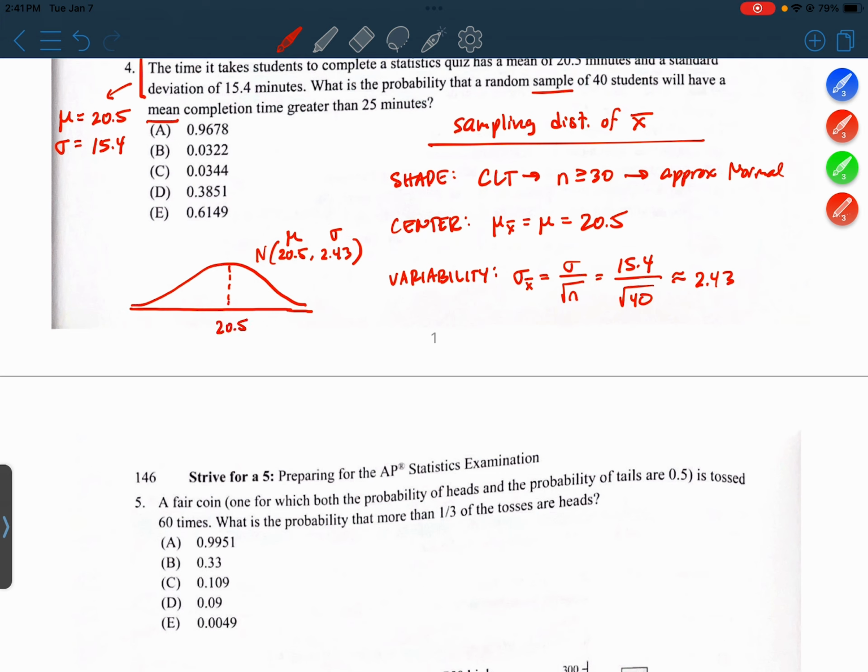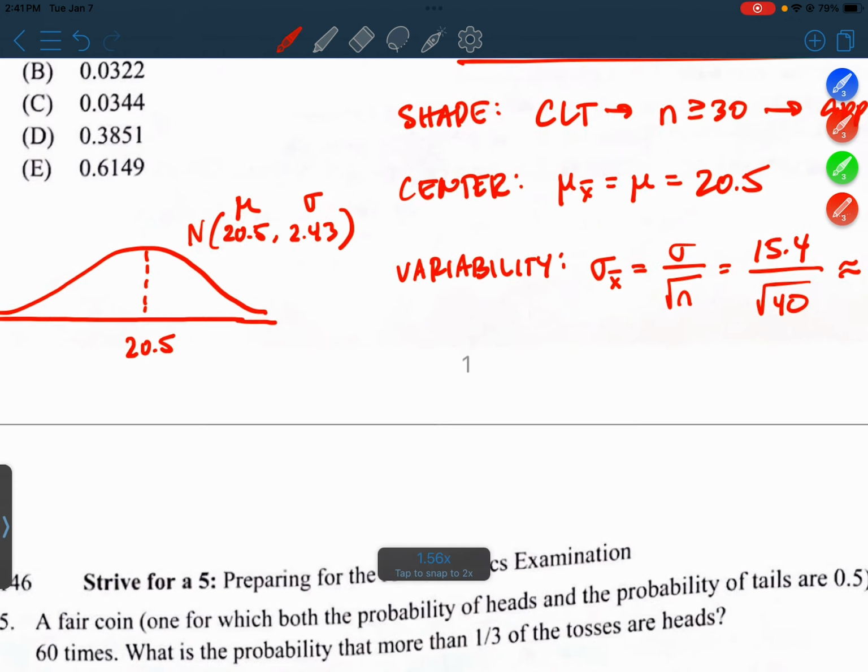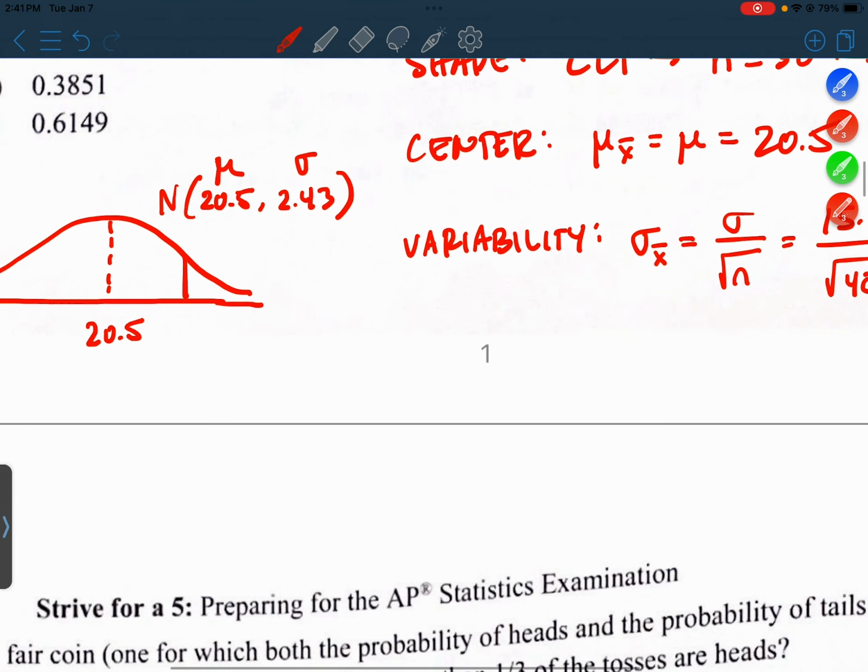At the very least, draw a line down the middle and label that with the mean value, 20.5. Now our question was to find the probability that the sample will have a mean greater than 25. So 25 is going to be somewhere here in the right tail. Greater than, so we're going to shade to the right of that boundary value.